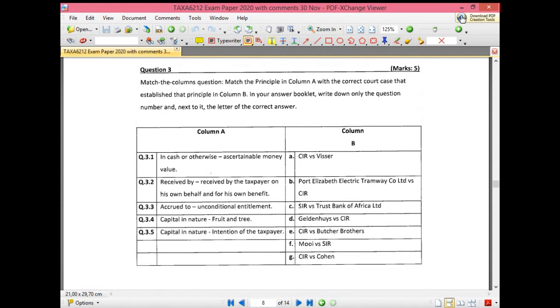We've got accrued to unconditional entitlement, capital in nature, fruit and tree. So yes, there's the fruit and tree. So we know that number 4 belongs to Visser. So the Visser case talks about the fruit and the tree. And then we've got capital in nature, the intention of the taxpayer. Okay, now in your workbooks, this you can find on page 38.